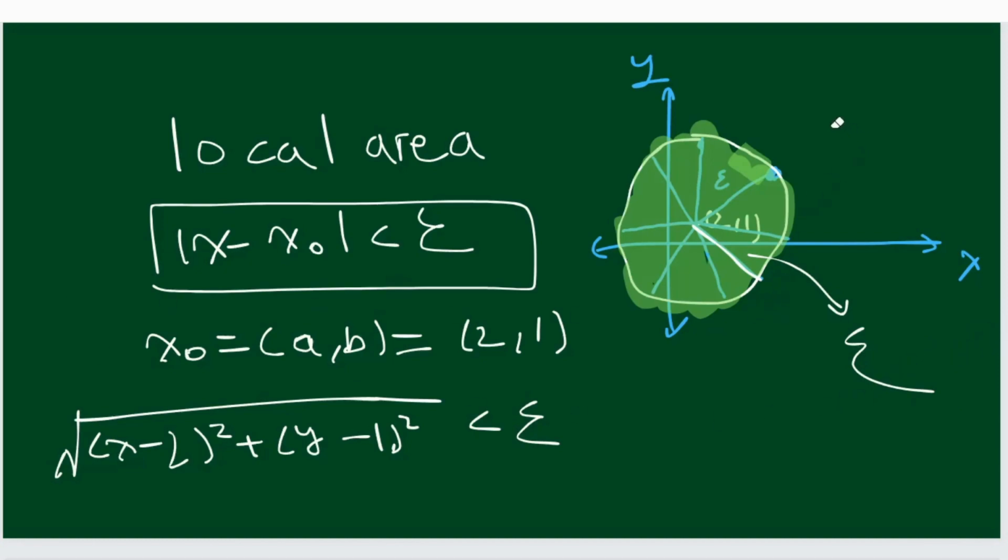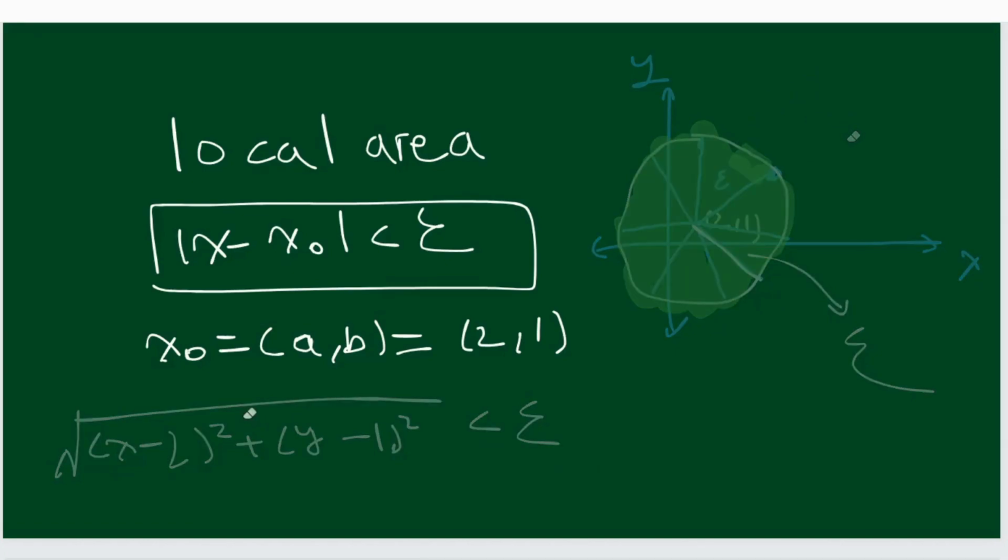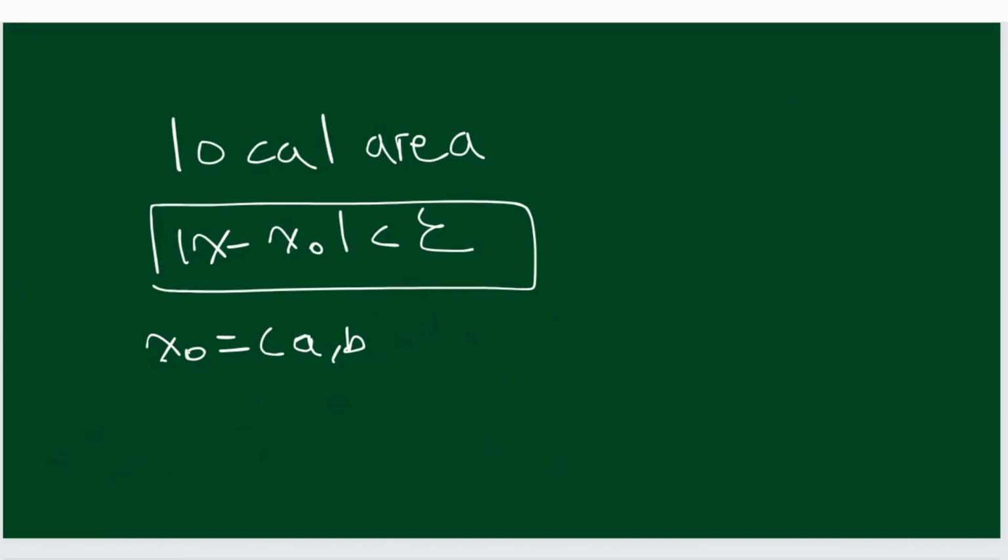Now, if you're thinking, what is the local area in a three-dimensional case? Well, in a three-dimensional case, you're getting a sphere. Let's say that in this case, x0 was equal to (a, b, c), and specifically it was equal to (1, 3, 1). So what is the local area if epsilon is equal to 0.1?